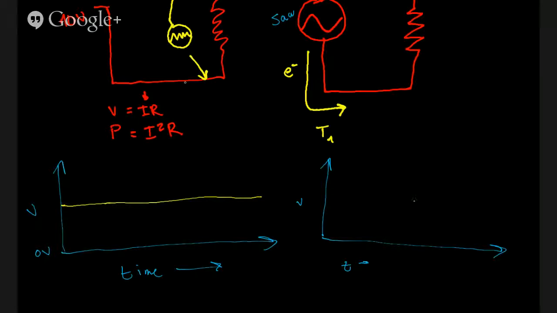Or a common AC waveform is a sine wave, like that. Or we can even have square waves. It's pretty jagged. I'll just go between there and 0 volts.